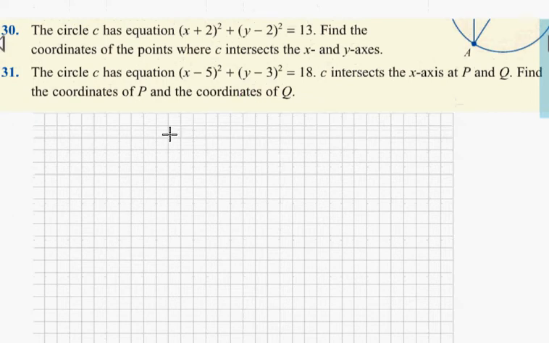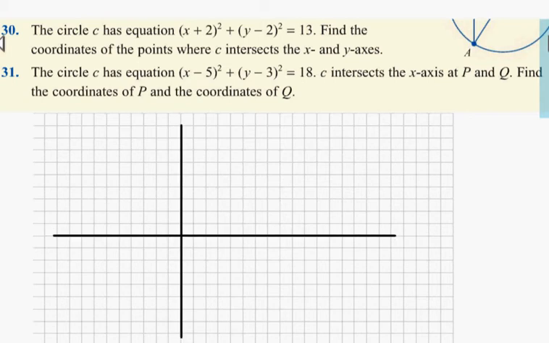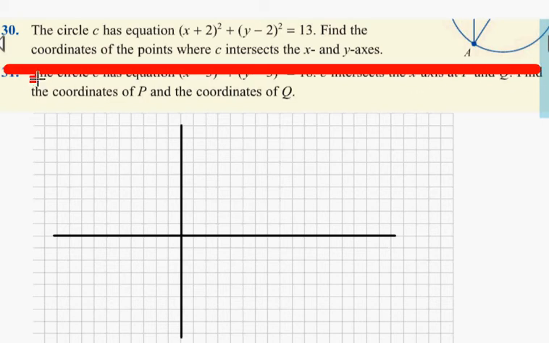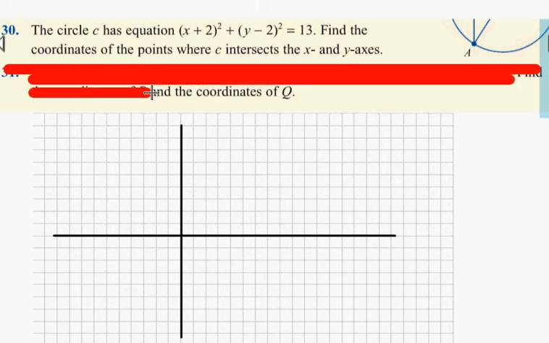So what's the center of the circle, can anybody tell me? For question 30. Just while we're here, I'll blank this one out so we don't look at it. Okay, so what do we say the center is? It's x minus h squared and y minus k squared.